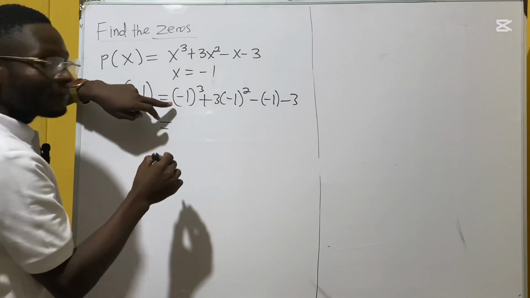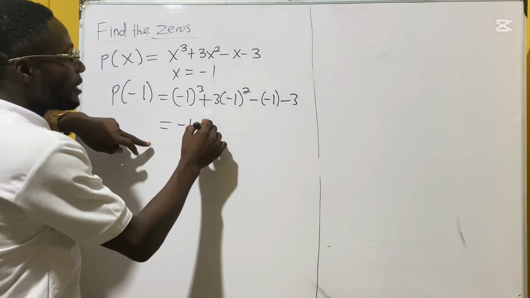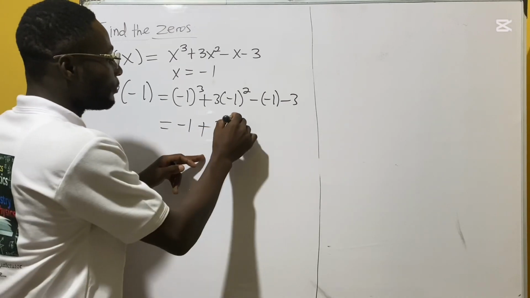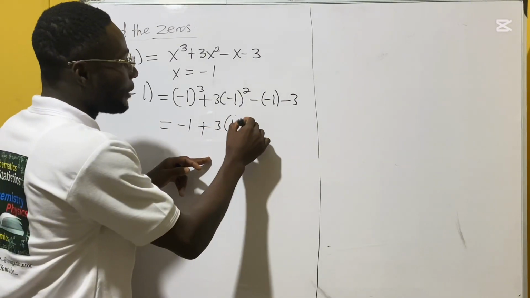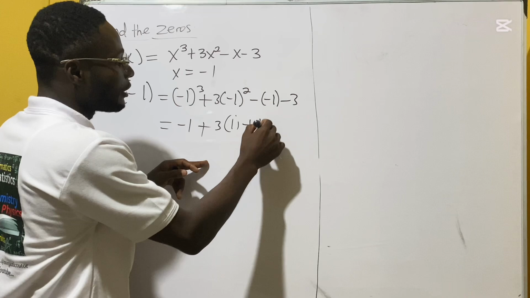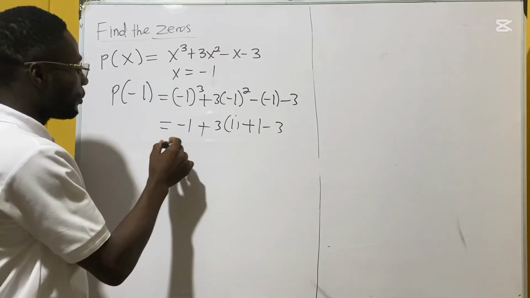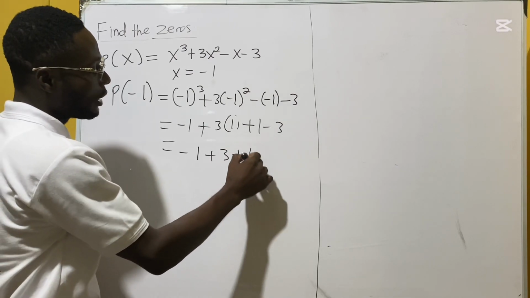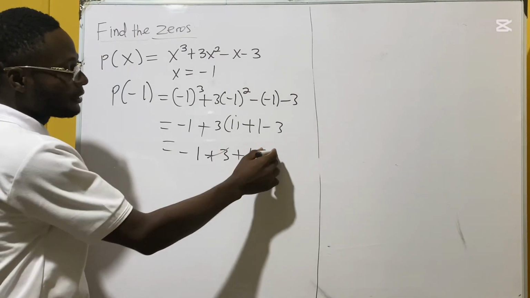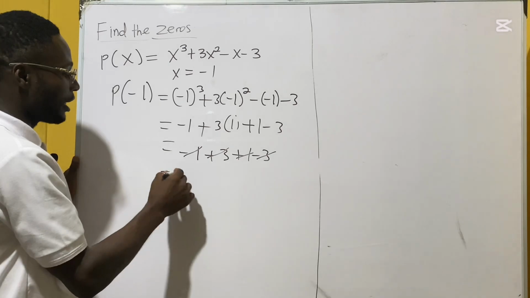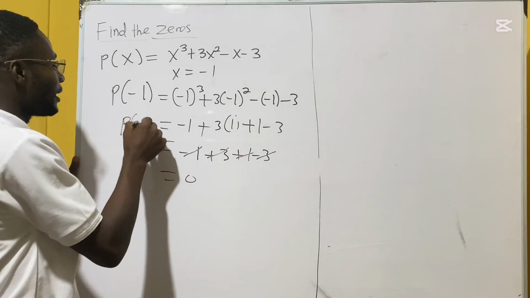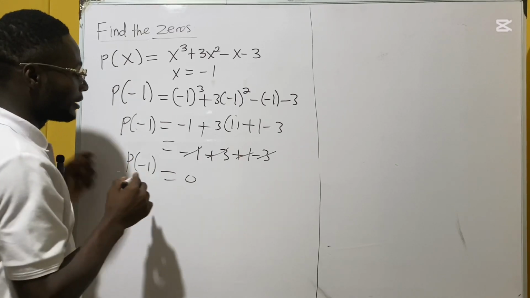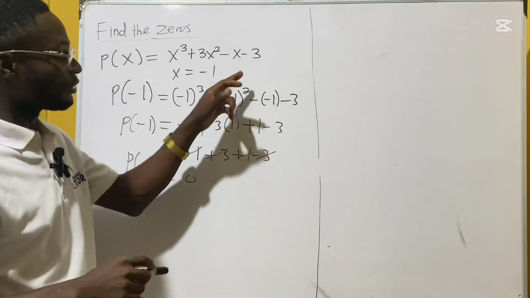That is -1 plus 3 plus 1 minus 3. The -1 takes off the +1, and the +3 also takes off the -3, so we have 0 here. So basically -1 is a factor of this particular polynomial.